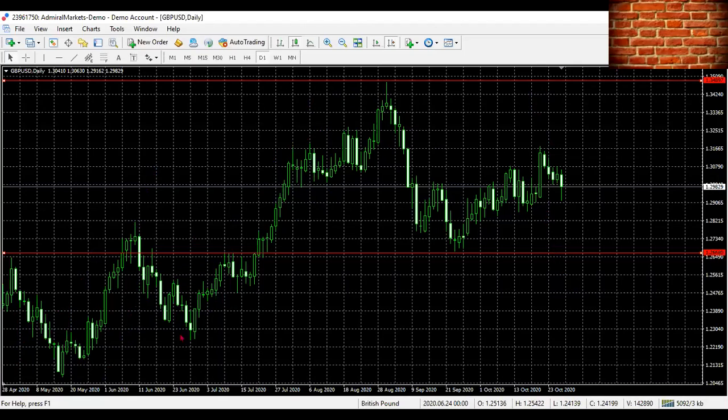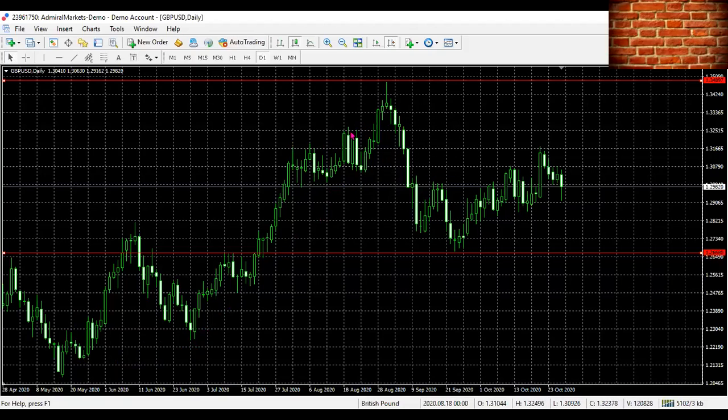We then came down to test this support, which was around here really. We met a support solid enough to move us back up all the way to this resistance.